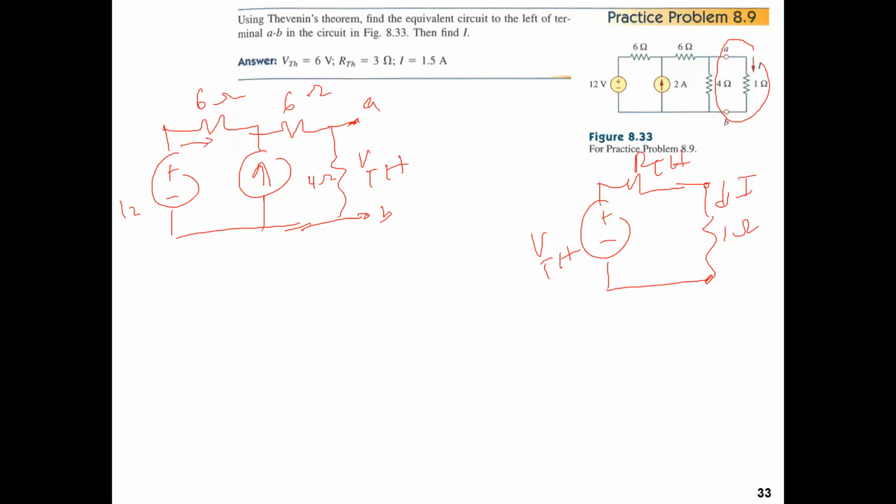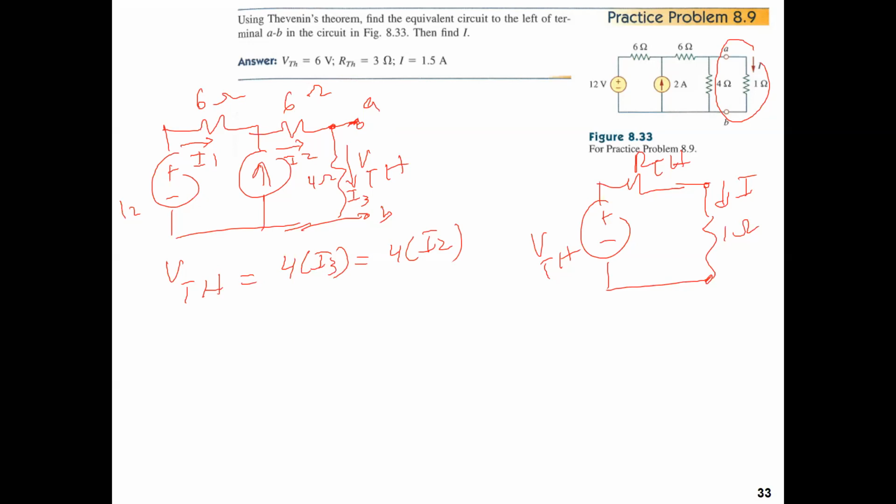Let's assume current I1 here, I2 here, and I3 here, even though I3 is the same as I2. So VTH is equal to 4 I3, or I2, because this is open, so no current will flow beyond this node.